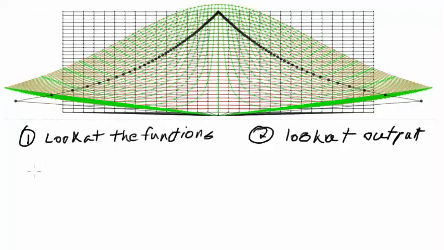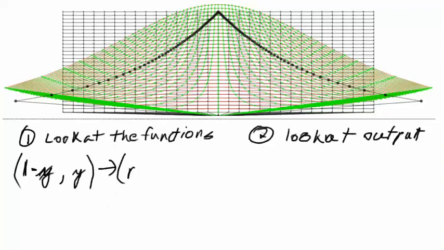So if we look at the functions, we remember that we started with points 1 minus y, comma, y, I think. Let me check. Yeah, that's what we did. We mapped that to r, well, we sort of did a double map here.